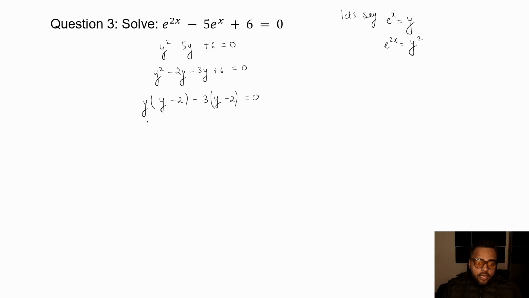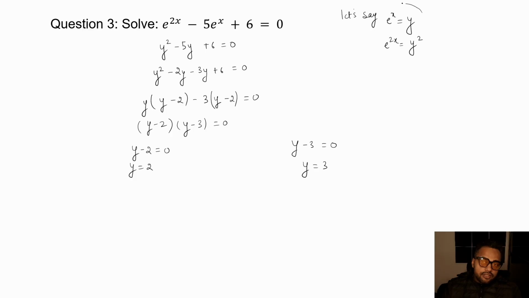Again, y negative 2 is common in the whole equation, so y negative 2, y negative 3 equals 0. Now two cases are possible: y negative 2 equals 0 and y negative 3 equals 0. For y negative 2 equals 0, the value will be y equals 2. Or similarly for y negative 3, the value will be y equals 3.